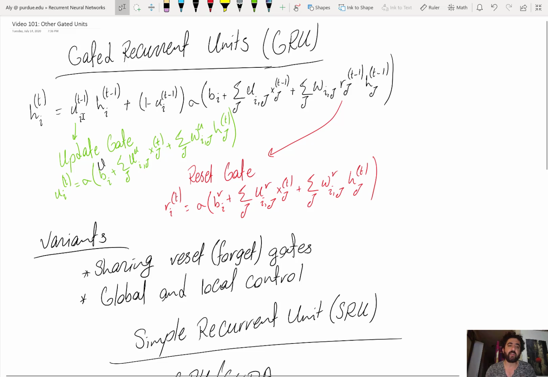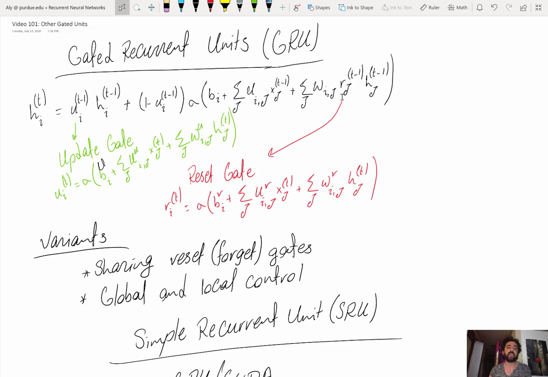So either I keep the past state if ui of t minus 1 is close to 1, or I have a factor that depends on the input and the past state as well. But the past state here in that other input, if ui of t minus 1 is close to 0, now that depends on something called the reset gate, right?